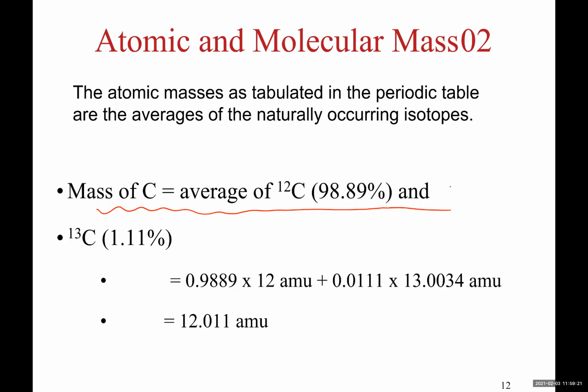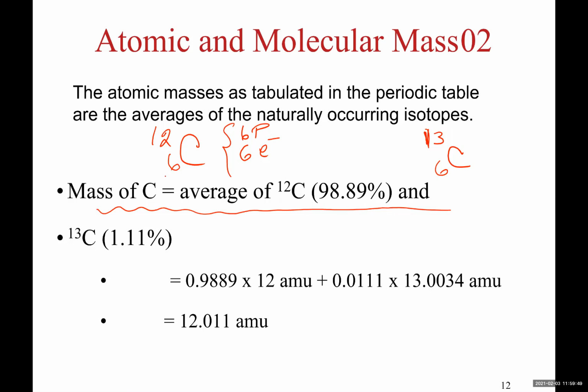If I say carbon-12 and carbon-13 are 2 different isotopes of carbon, they both have an atomic number of 6. That means they have 6 protons. How many electrons? Same number as protons.